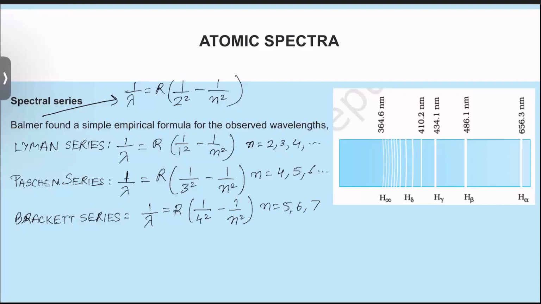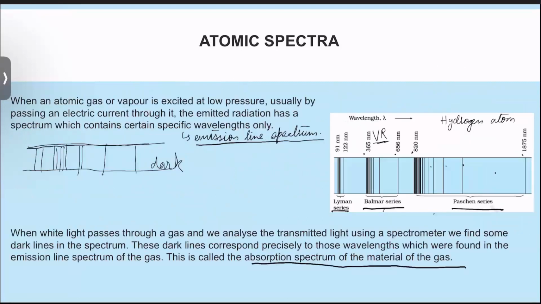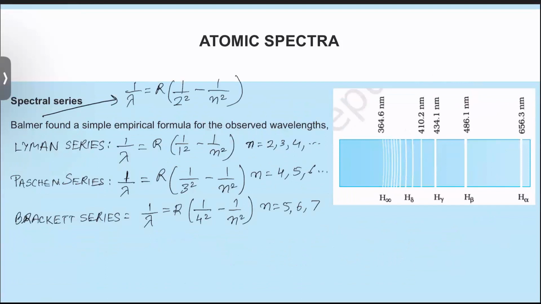So Lyman is the series which has the shortest wavelengths in it. Over here n starts from 2, then n starts from 3 in Balmer, then for Paschen n starts from 4, then Brackett. As you can see, the wavelength is going much higher as we go down the different series.